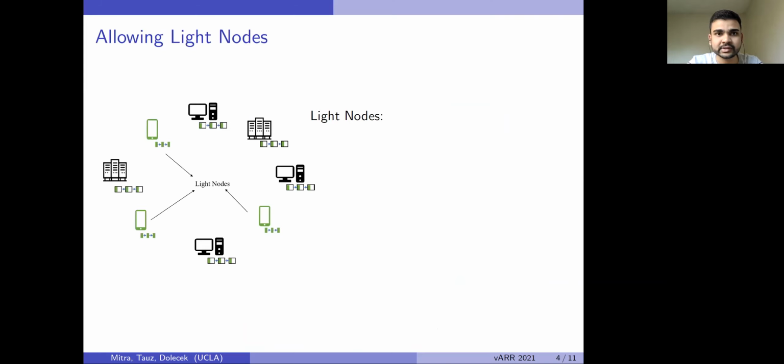The solution for this is to introduce light nodes. So blockchain systems run light nodes, where these nodes do not store the entire ledger, but only store the headers corresponding to each block. For Ethereum, this would amount to a storage space of around 1 gigabyte.